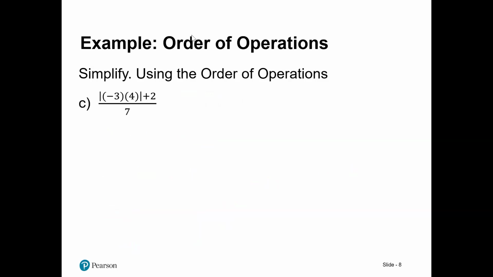Now we're going to simplify again, but we have a different grouping symbol. So like I said, it's not always parentheses. We're going to go back to absolute values here, but we have groupings here. We have the division bar is causing a grouping.